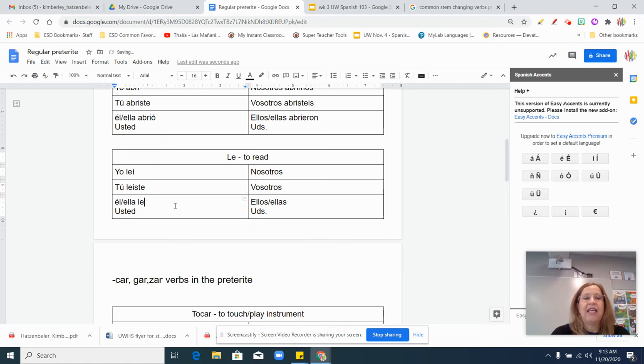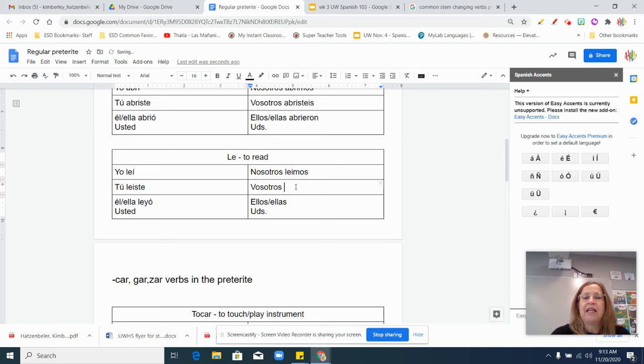We read, this is a weird little spelling thing. Instead of having L-E-I-Ó, with all those vowels right together, they put a Y here. L-E-Y-Ó. Leyó. I think they thought that if you spelled it like that, it just looked funny, like there are too many vowels altogether. So that I becomes a Y. Leyó. We read, leímos.